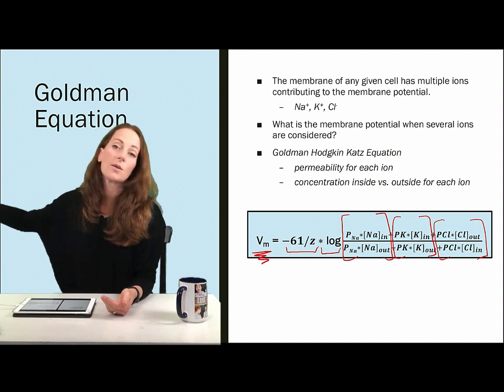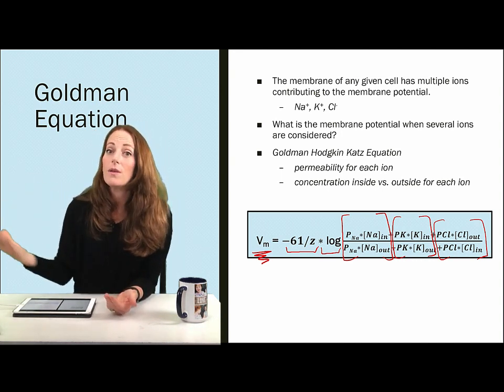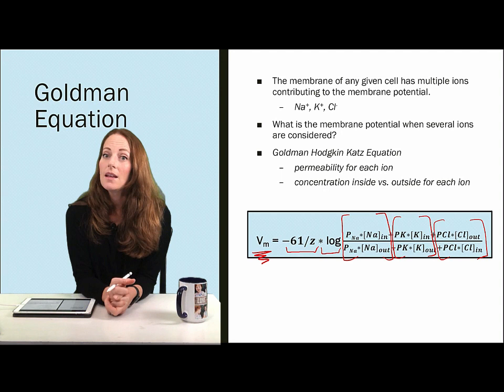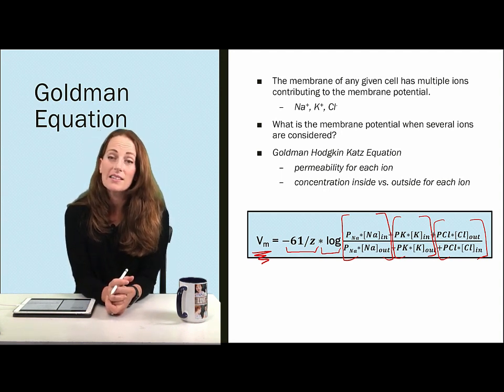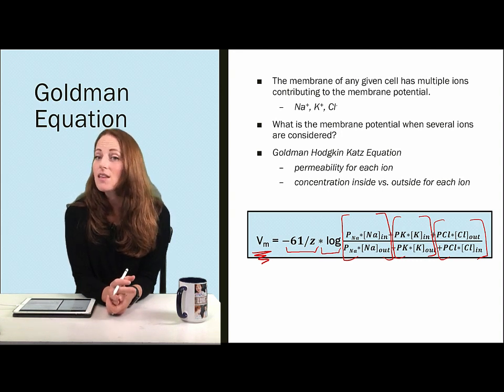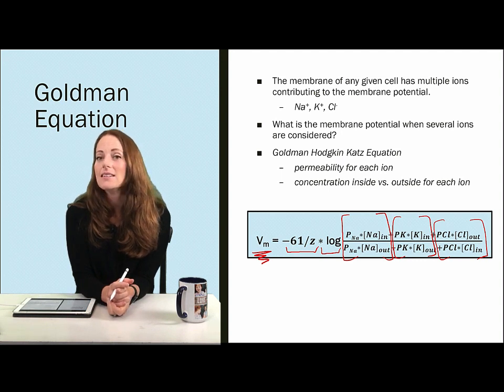We could continue this equation if we knew that other ions were involved. For example, if we knew that calcium was involved in a particular cell, we could plug those into the equation as well. If you plug in all of those numbers and the permeability constants for the membrane for those known channels, then you'll get the exact membrane potential at rest.